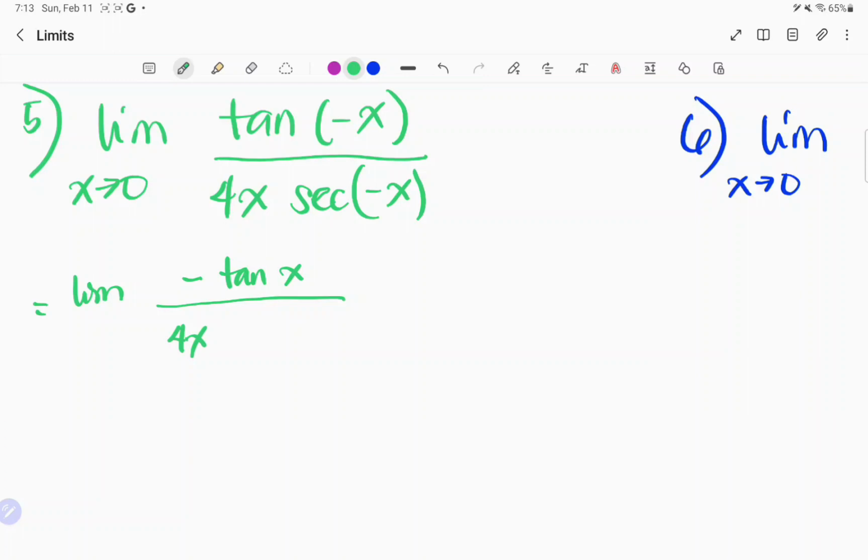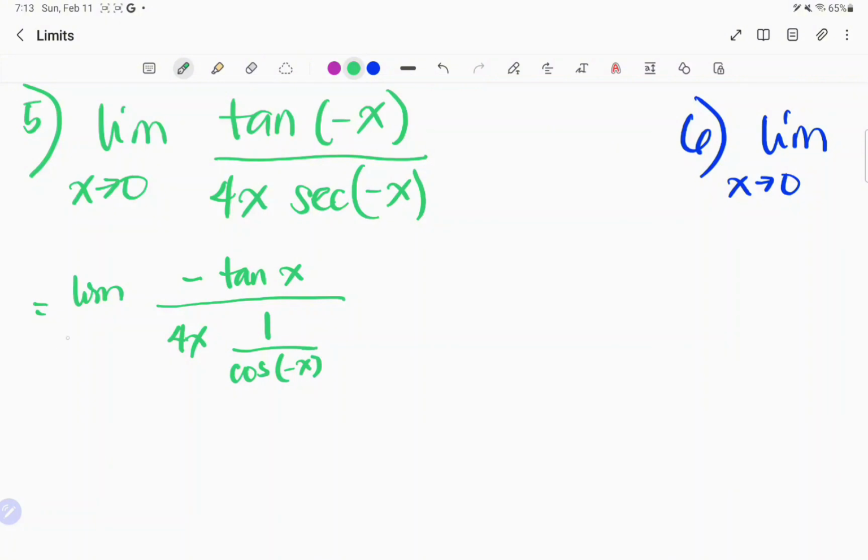And we do not have secant in our special functions, meaning we have to use some sort of identities, and I think we can substitute secant of negative x as 1 over cosine of negative x.